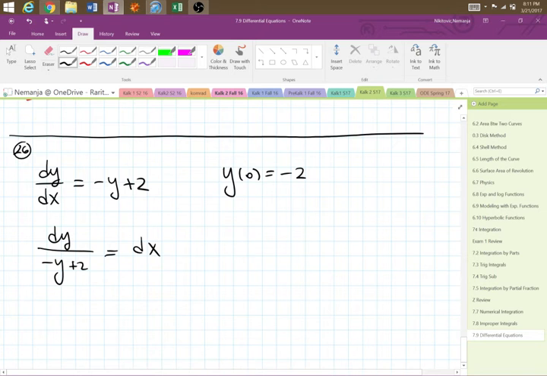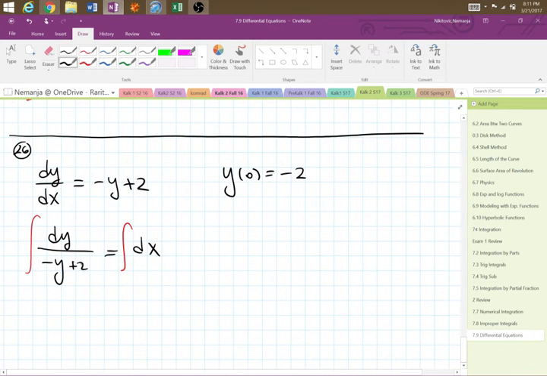Well, I tried moving dx to the other side, but then I realized that makes everything suck. You have to do it through division. So we hit the integral on both sides. Boom, boom.